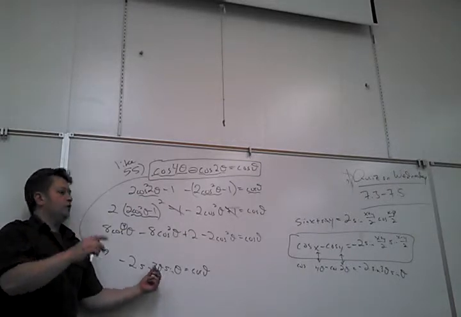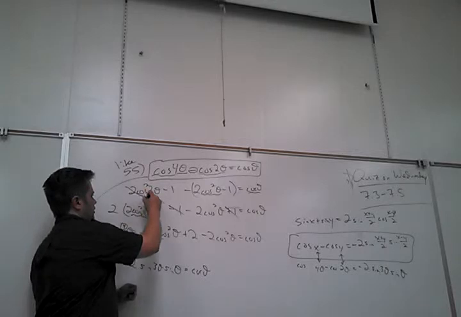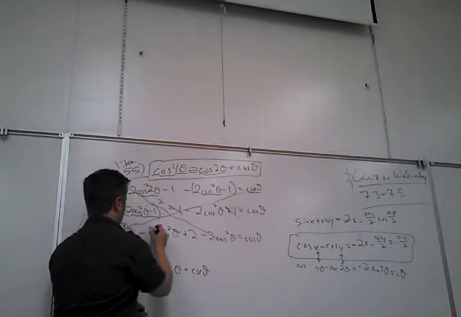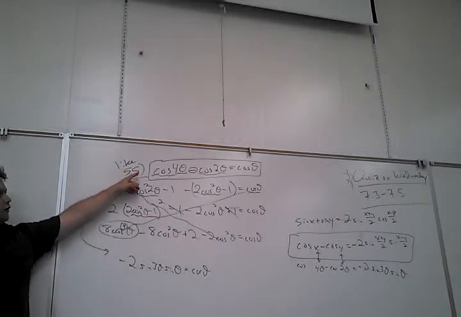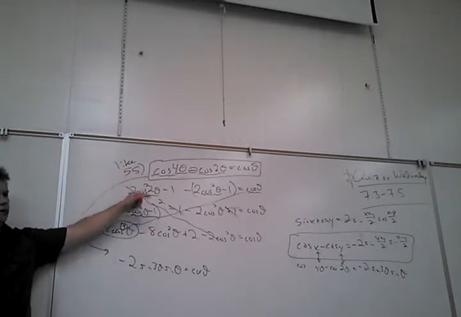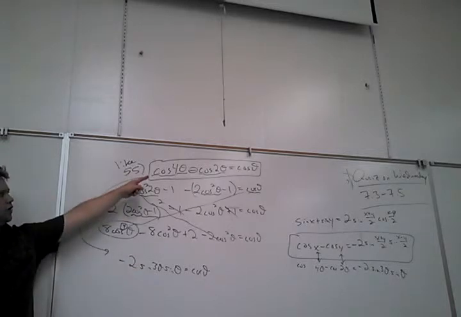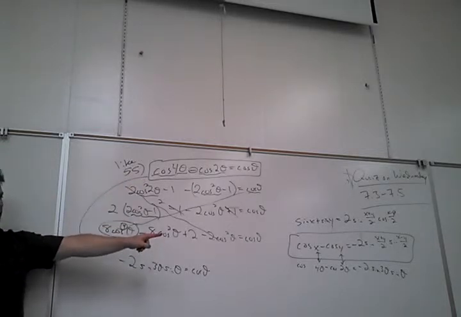Now, you could play around with this. This here is going to get us into something that I really don't want to get into. We could break that up, but it's getting a little bit too large. If we do like the hint suggests and use a sum to product formula, the only way I can really use the way it's given to me is that one.